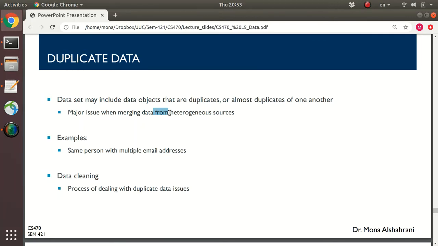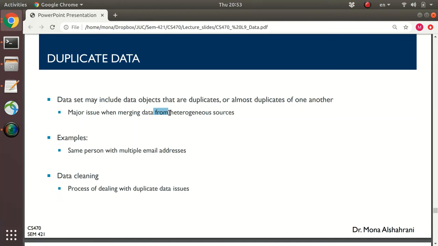In some data source, you could refer to a city by its full name, while in another data source, they could use the initials. For example, you could use JIC to represent the Jubail Industrial City, while in the other source they use the full name, Jubail Industrial City.